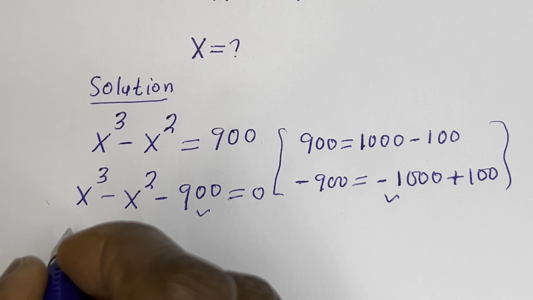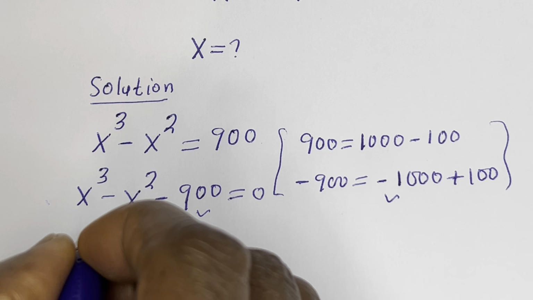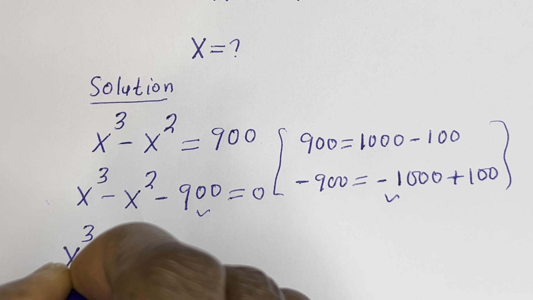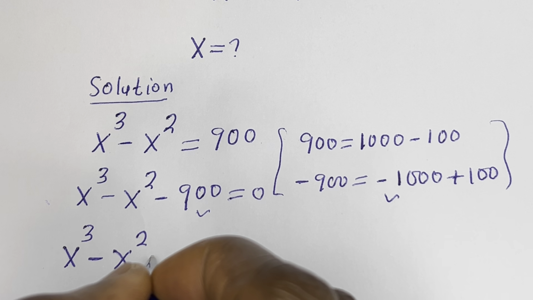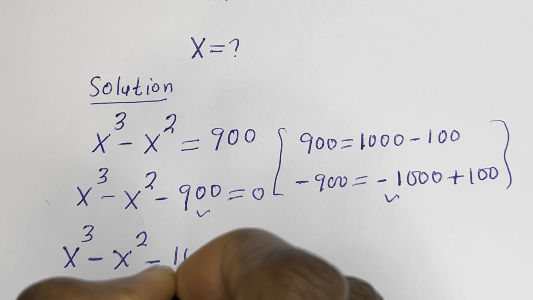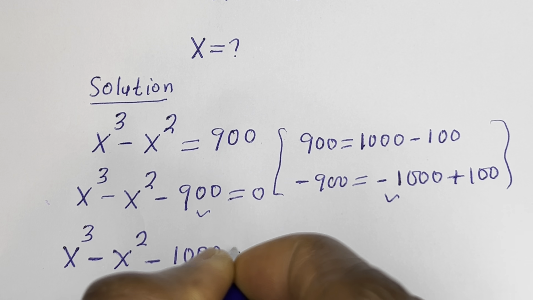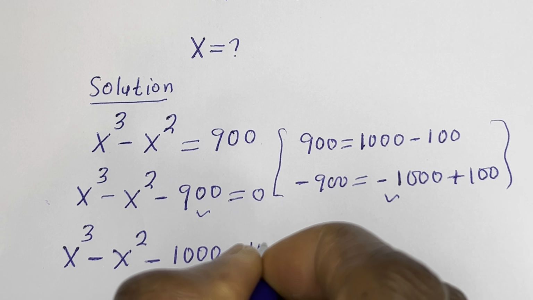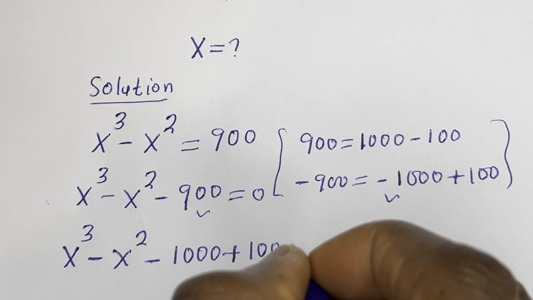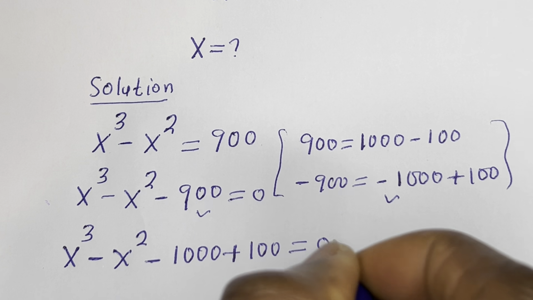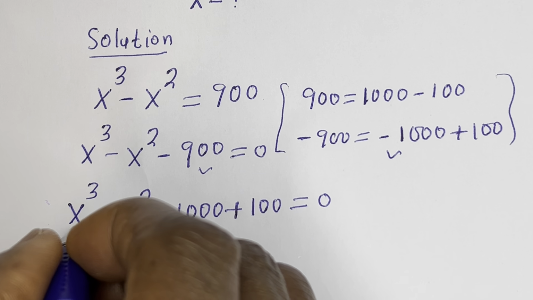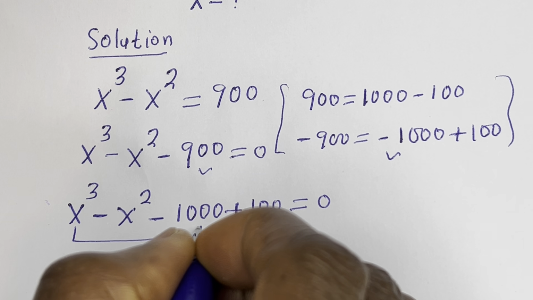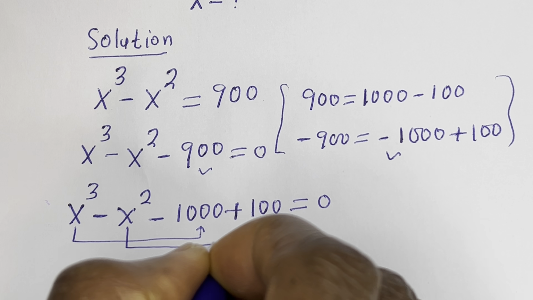Then this can be written as s to the power of 3 minus s squared minus 1000 plus 100 is equal to 0. Then from here, let's pair this with this and this with this.